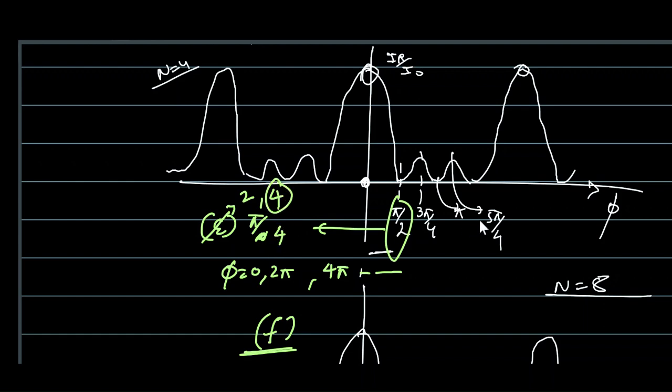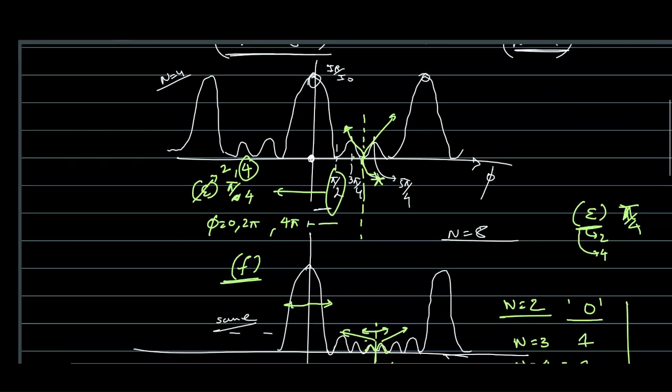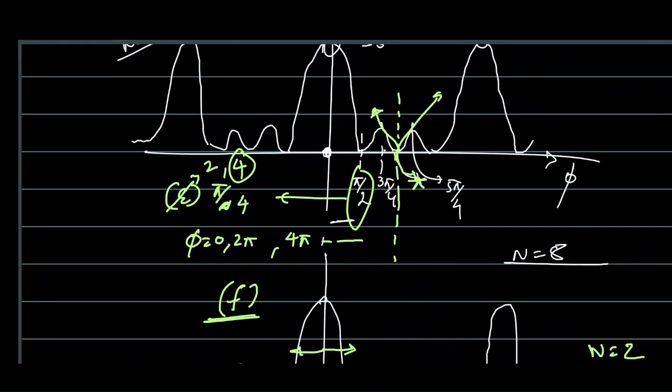Taking e as 4 will give us pi, which is the location of a secondary minimum. And as I have told, around the multiples of pi there is a symmetry. Again you can see the symmetry, and the symmetry holds as we are increasing n. It is due to the periodicity of the sine functions, which we have derived earlier.